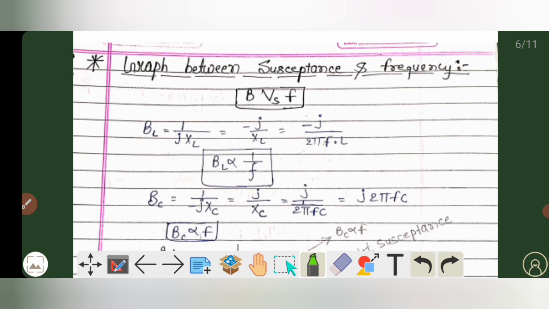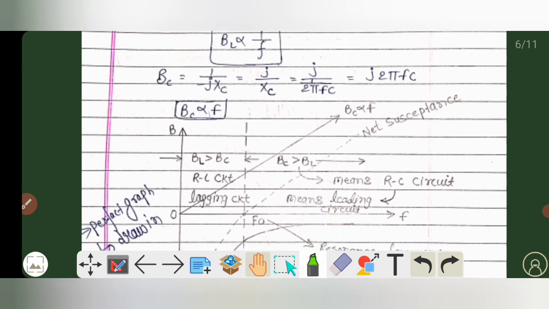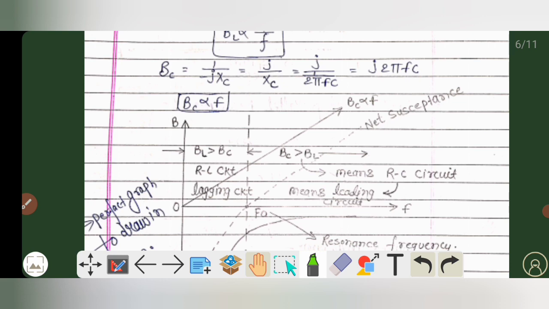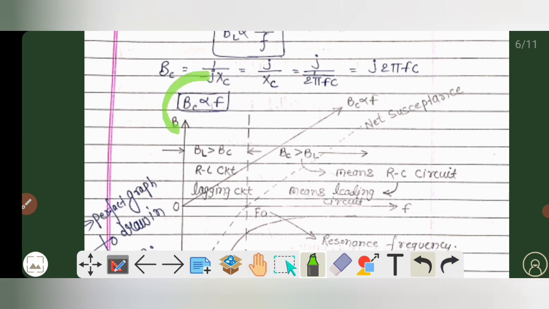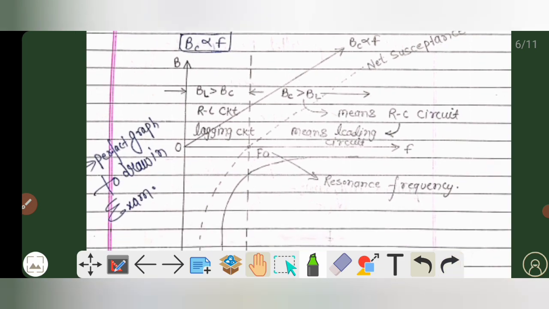So from here we can say that BL, the inductive susceptance, is directly proportional to 1 by f. Now in case of capacitive susceptance, BC is directly proportional to f. Now if we draw the graph, then our graph will be something of this type, as you can see here.